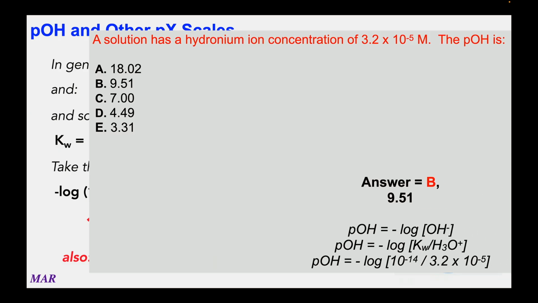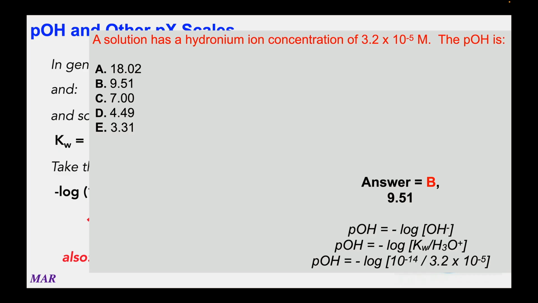So let's look at how that works out. Here's Kw divided by hydronium, 10 to the minus 14 divided by 3.2 times 10 to the minus 5, and all of that equals the hydroxide concentration. Once you have hydroxide, then minus log of hydroxide will give you pOH, and you can tell we're good to go on that, which is kind of cool.